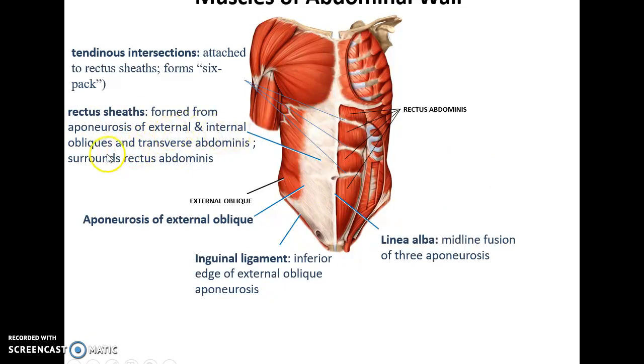They're formed from the external and internal obliques as well as the transverse abdominis muscles. And then, of course, each of the lateral muscles, external, internal obliques, and transverse abdominis, have their aponeuroses that lead into and form that rectus sheath. You have the inguinal ligament at the very inferior border of the trunk and the linea alba straight down the midline, formed by a fusion of those three aponeuroses.